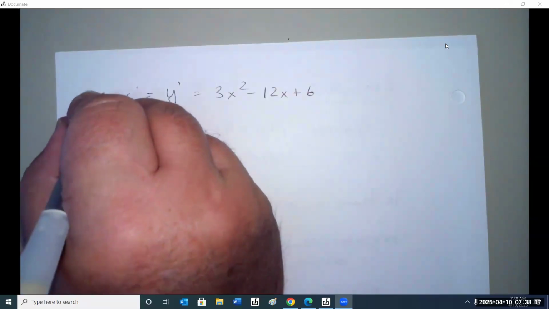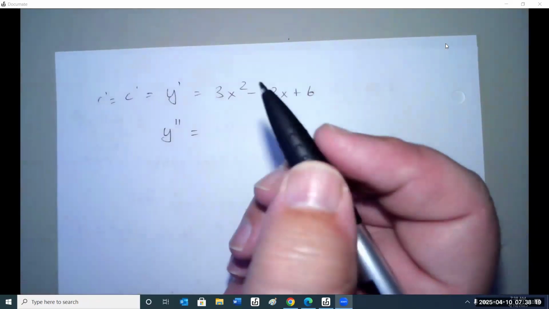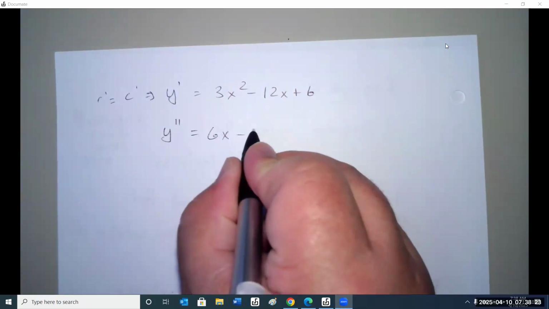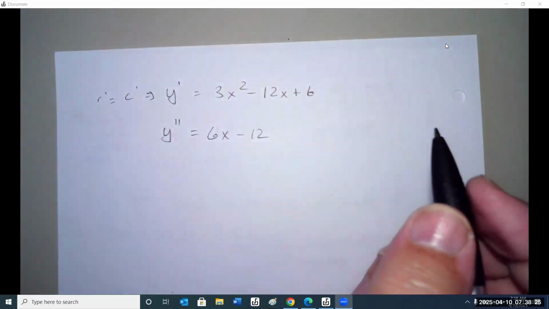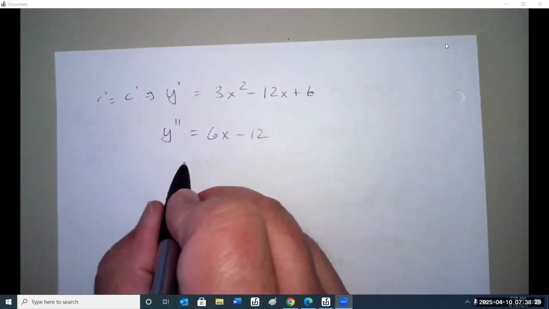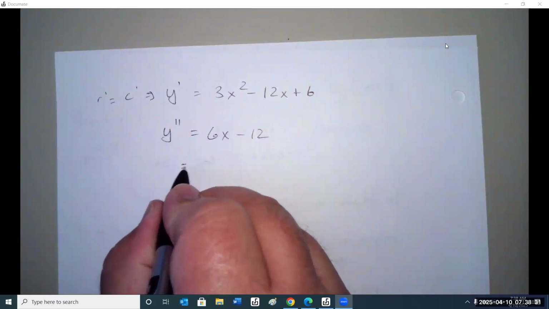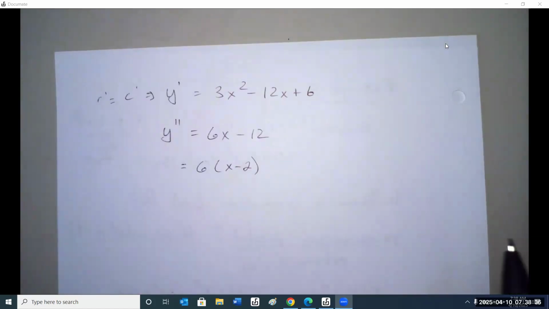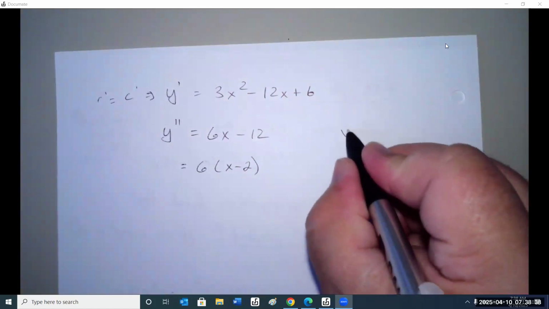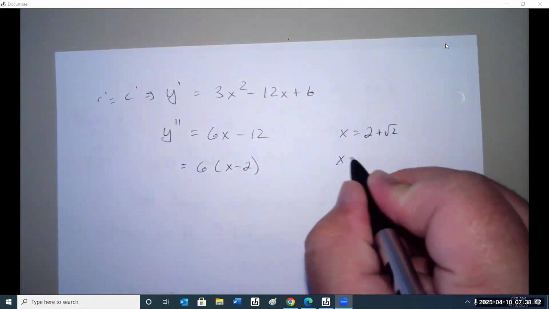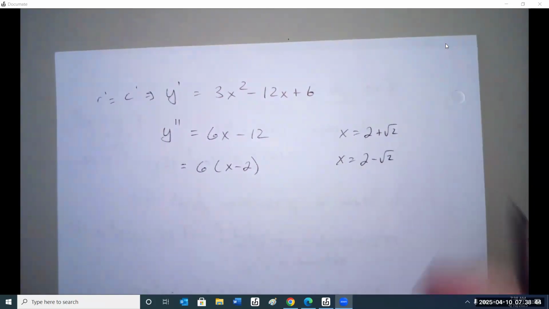When we set R prime equal to C prime, that gave us this equation. So we have 6x minus 12, 6 times x minus 2. So we have to try both. X equals 2 plus radical 2 and x equals 2 minus radical 2.